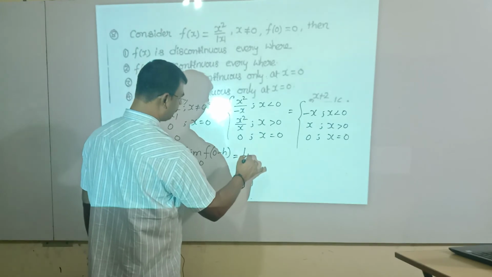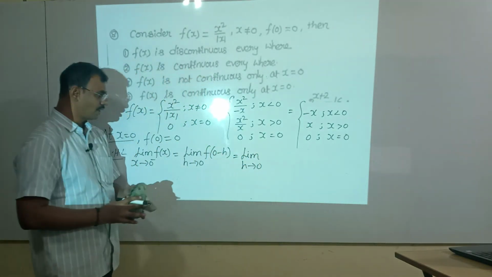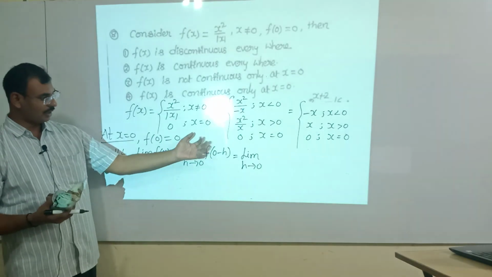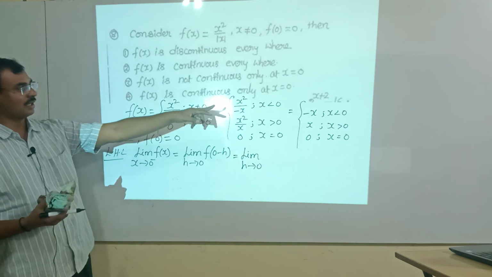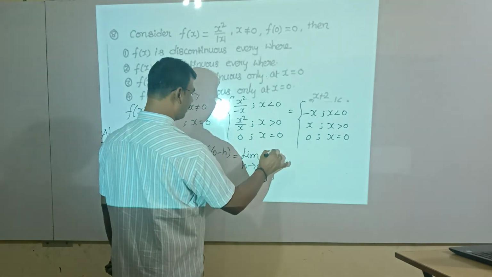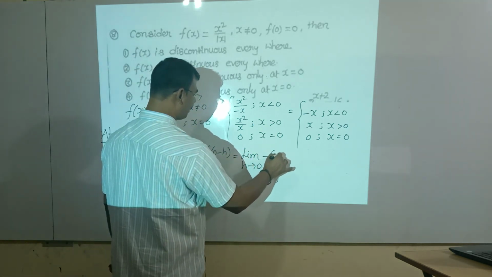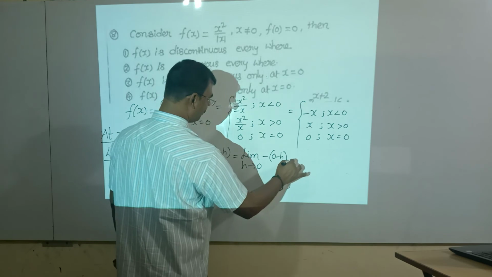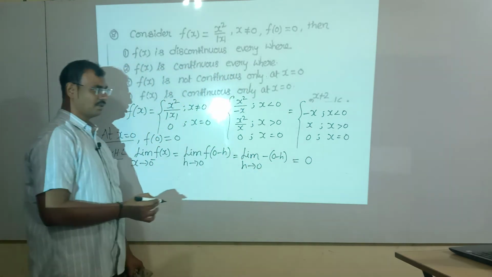This equals limit of, observe 0 minus h meaning what? Smaller than 0. When x is smaller than 0, what is the f of x value? Minus x. So minus of x is what you write? 0 minus h. So apply the limit. This becomes also 0.